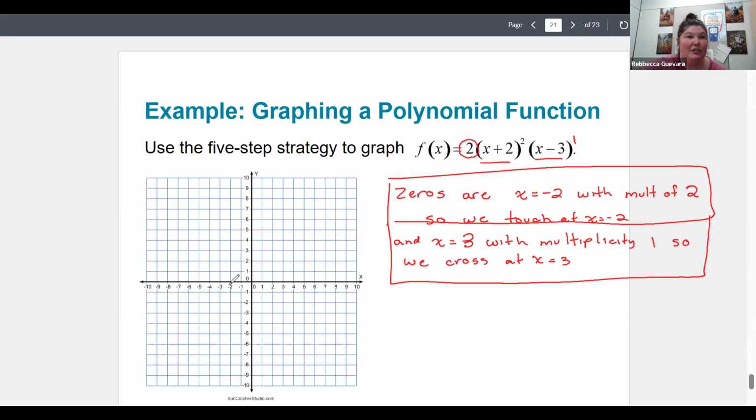We know that we're going to have a 0 here and here. And we know that we're going to bounce at negative 2, and we're going to cross at 3. The problem is, do I come at 2 from this direction, or do I come at 2 from this direction? That's when end behavior comes in.